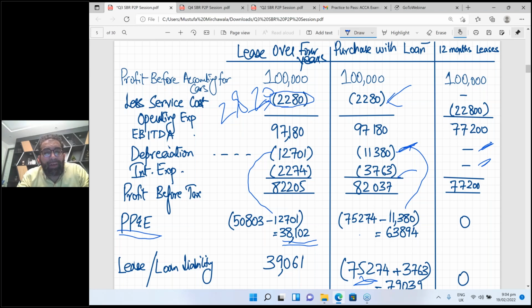And in option number 1 and 2, in the first and second column, there is a PPE. That means there is a non-current asset balance. So in option number 1 and 2, there is a higher balance of assets. So option number 1 and 2 is adverse for asset turnover.